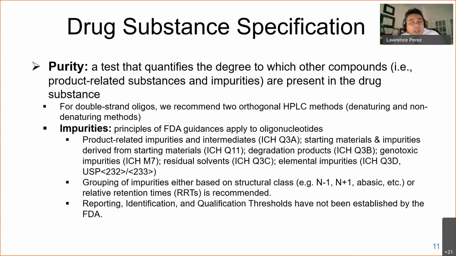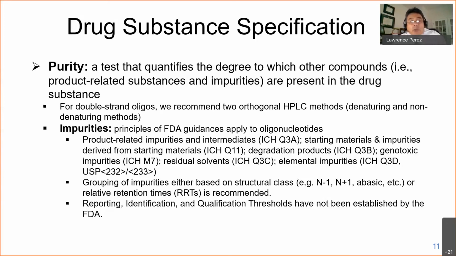Lastly, in terms of impurities, we did talk about it earlier as part of the characterization, but in the early stages, when we're having discussions with drug substance manufacturers, there's always talk about whether there are ways to group the impurities, since sometimes the resolution between impurities is not high.